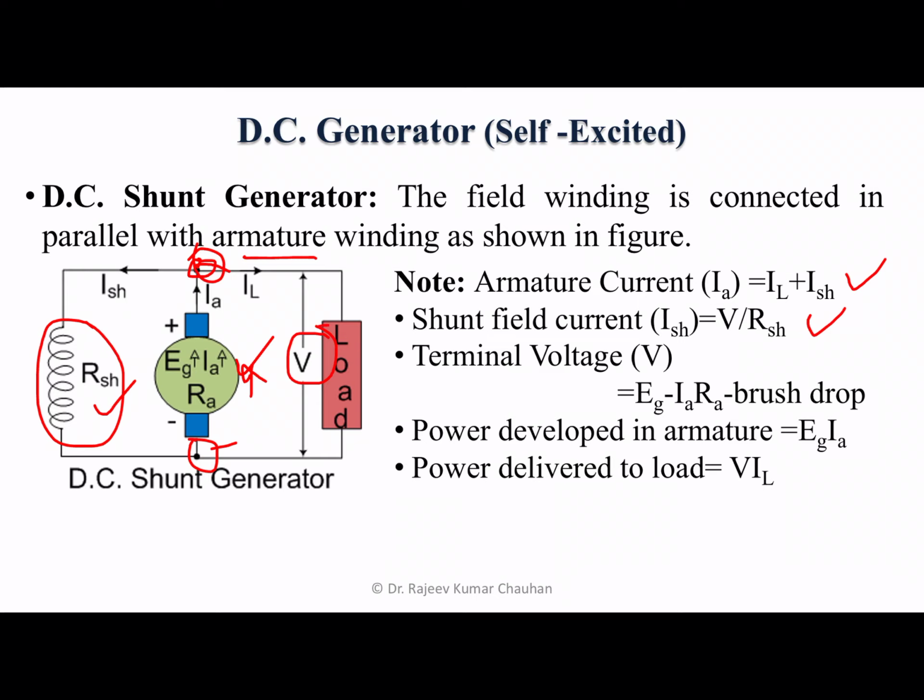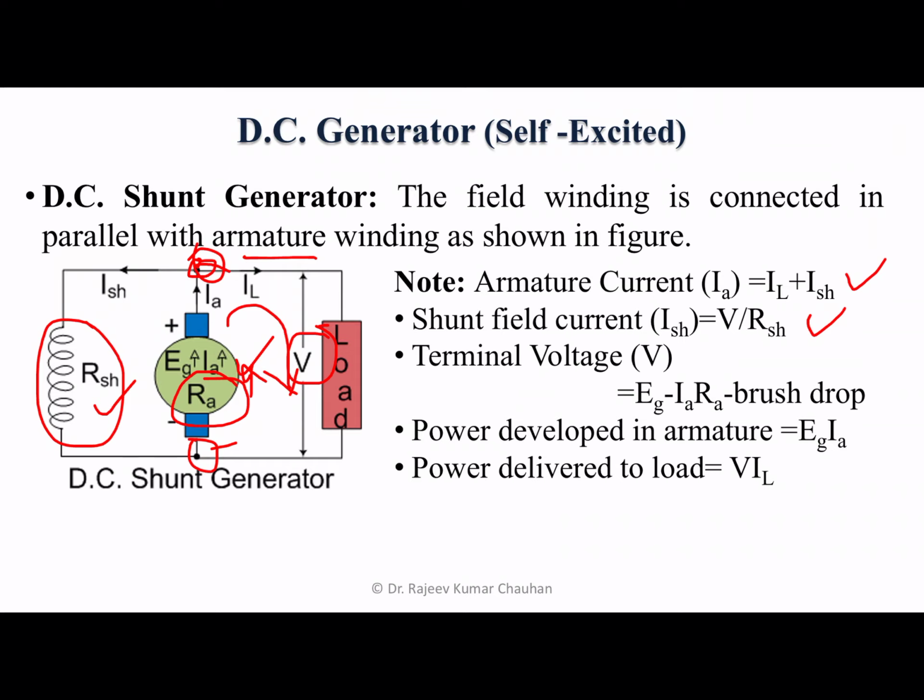because we don't know the terminal voltage; we know the induced EMF in the generator. We know the armature current and armature resistance. So, if we subtract the voltage drop in the armature, because this is the loop for it, okay, so just apply the Kirchhoff voltage law.